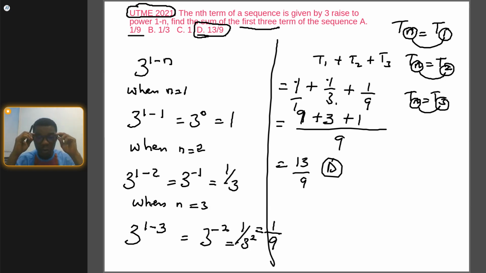So we can move on to the next question, the next UTME question. So this is done. We got 13 over 9. Let's pick the next UTME question.